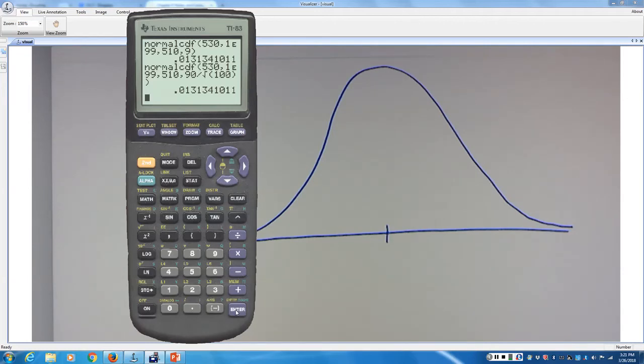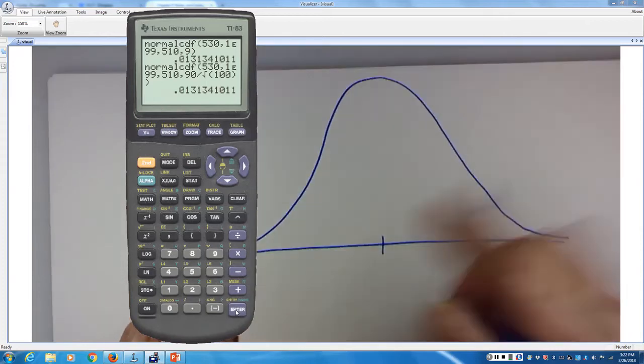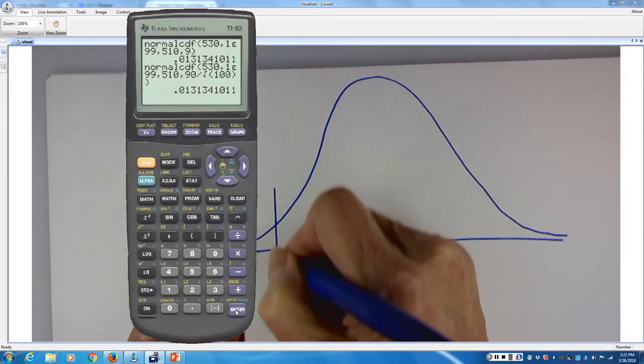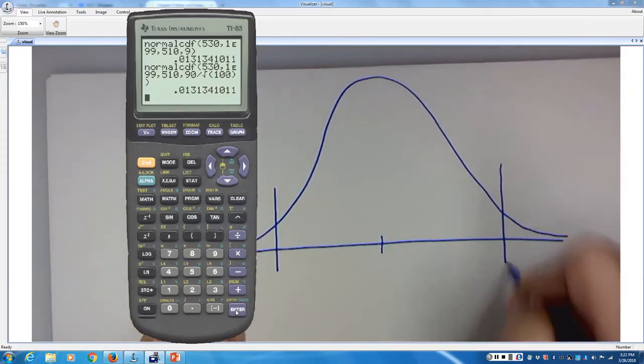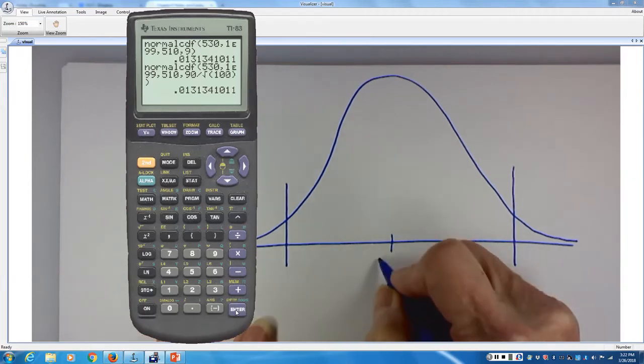So what they would like is to know between what kind of average weight should they keep their truck and not have to be stopped at the weigh station or not waste money because the truck's not loaded enough. So maybe they would like to find that interval of samples of 100 packages.